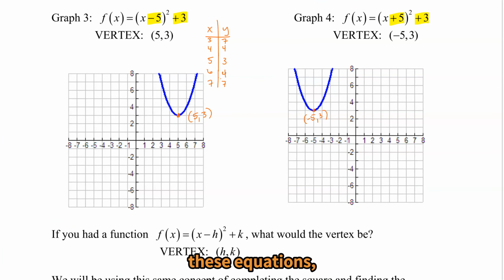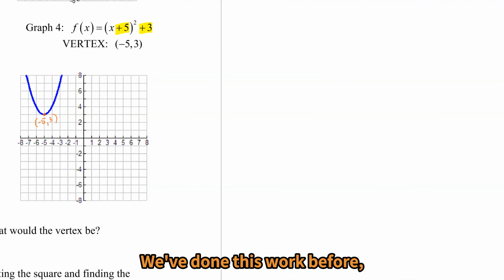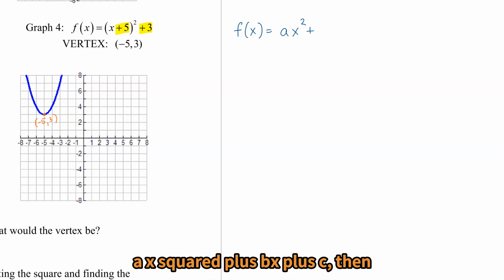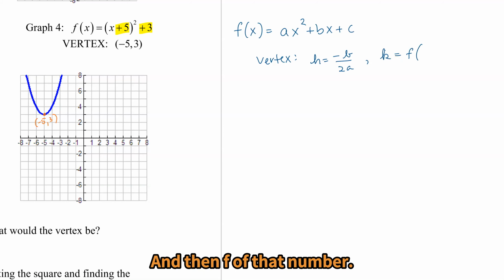Now again, we've seen these before. We've created these equations using the formula for finding the vertex. We've done this work before. If I have a quadratic function ax squared plus bx plus c, then the vertex is given by -b over 2a and then f of that number.